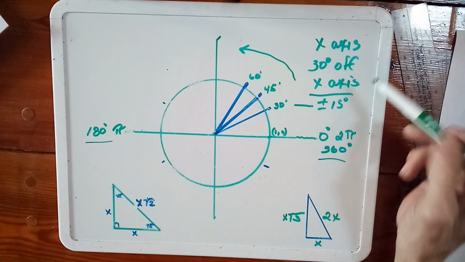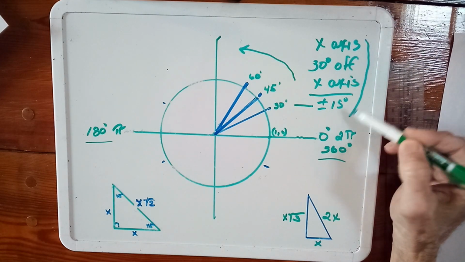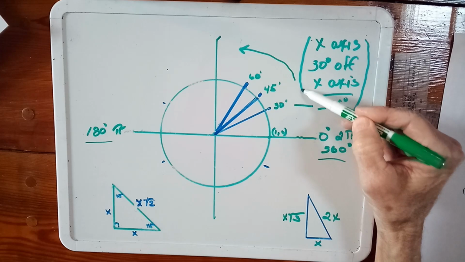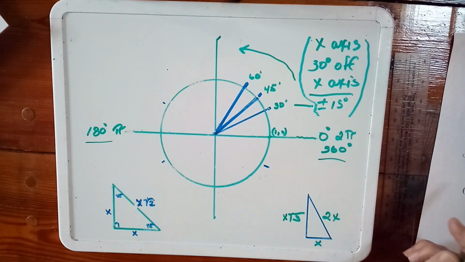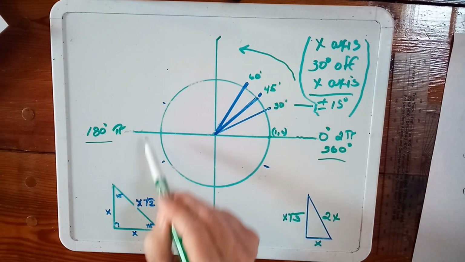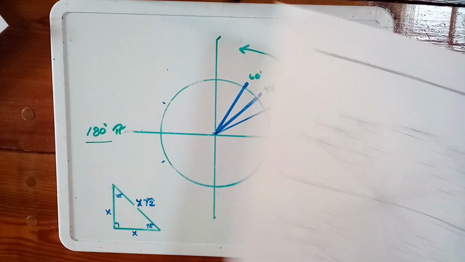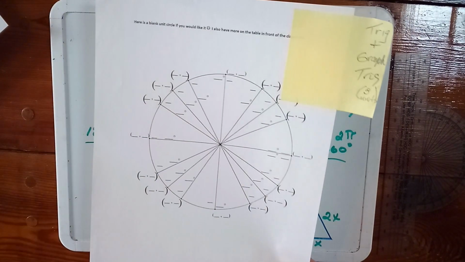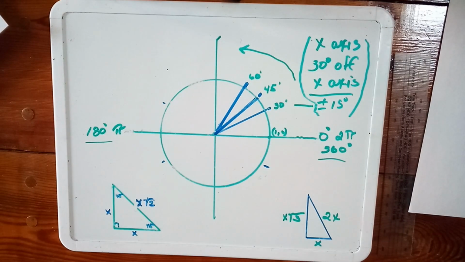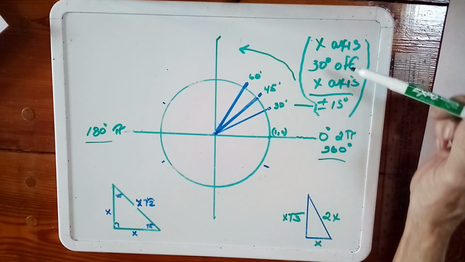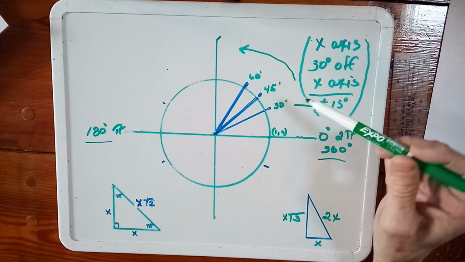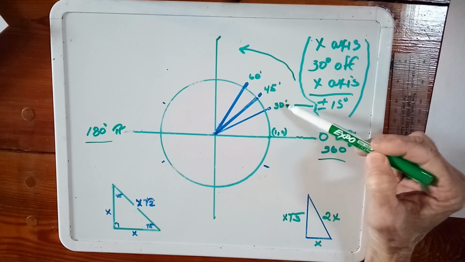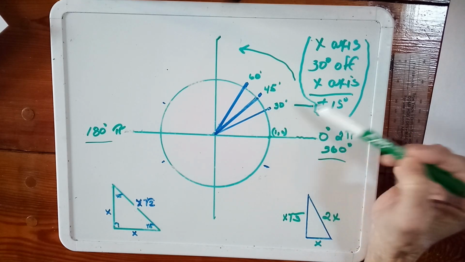By knowing this right here, I can give measurements to every single angle that is asked for here. So let's just do the first quadrant. 30 degrees off the x-axis going counterclockwise, well, my first angle would be 30 degrees.